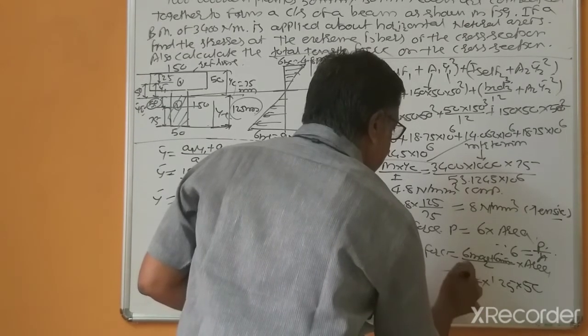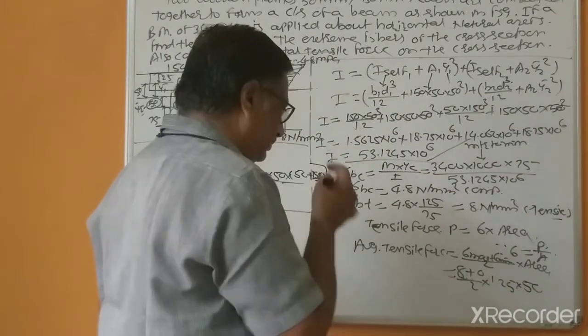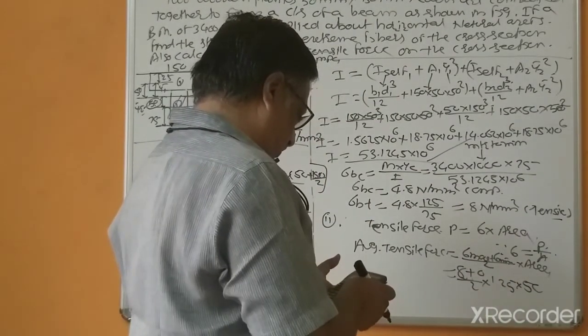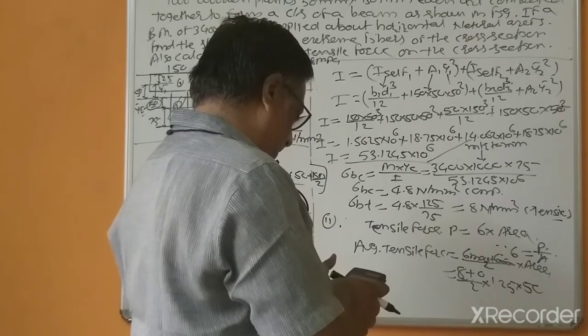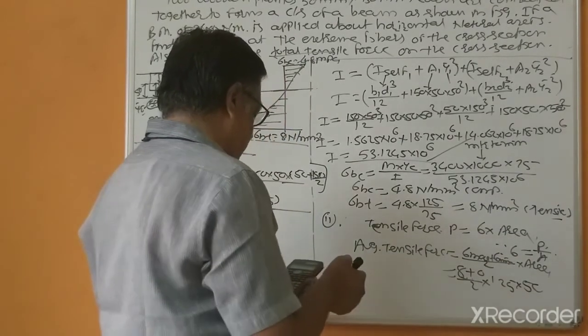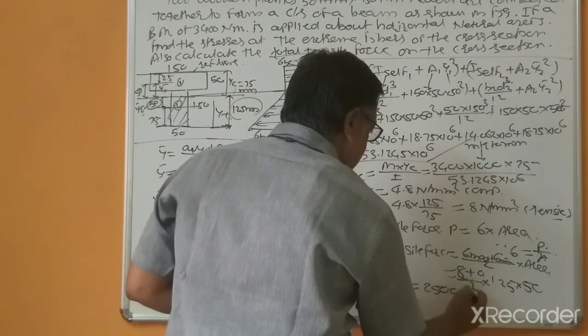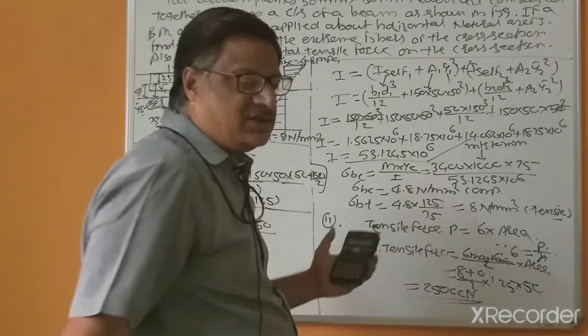Eight plus 0, so that's why divided by 2 multiplied by 125 multiplied by 50, this is equal to 25,000 Newton. This is the average tensile force acting.